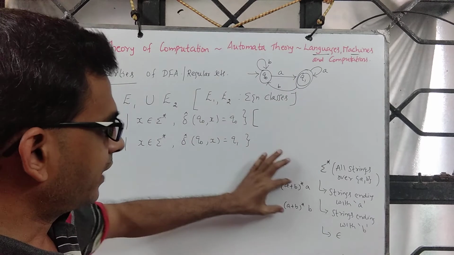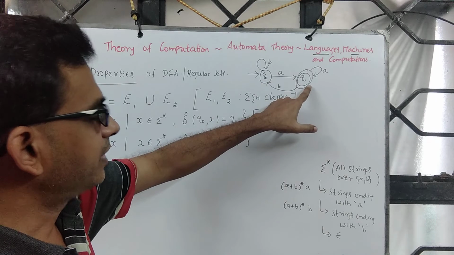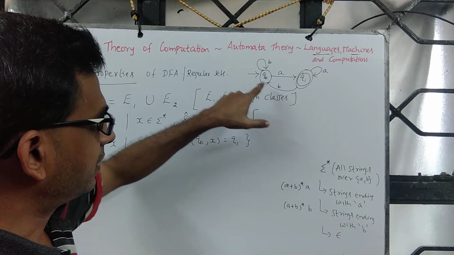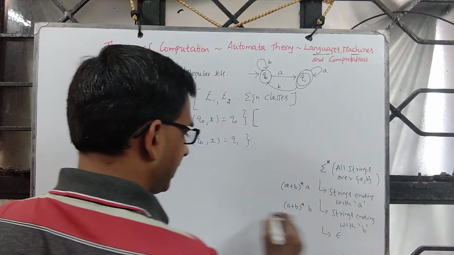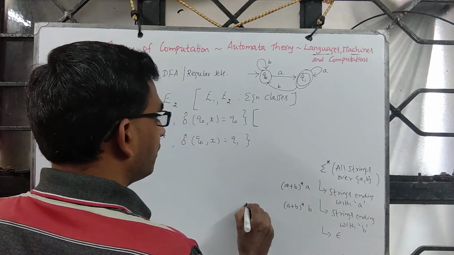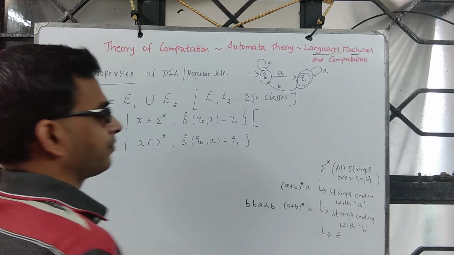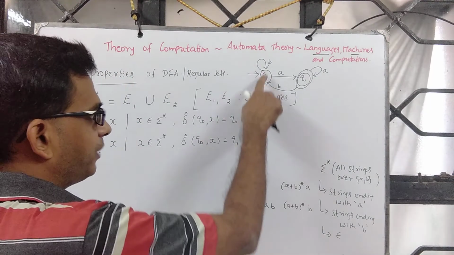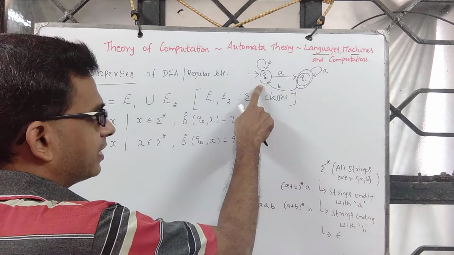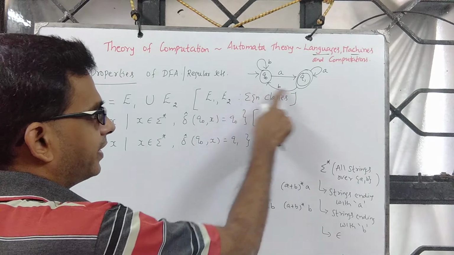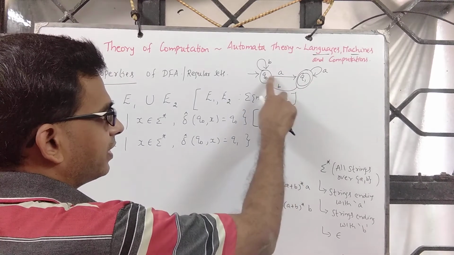Now look at these two components. If it is ending with A, then it is Q1. If it is ending with B, suppose x is, for example, B, B, A, B. Then you clearly see that you operate B twice followed by A, this. Any x that stops here has this pattern, right? It ends with B. Any x that stops at Q1 has this pattern.